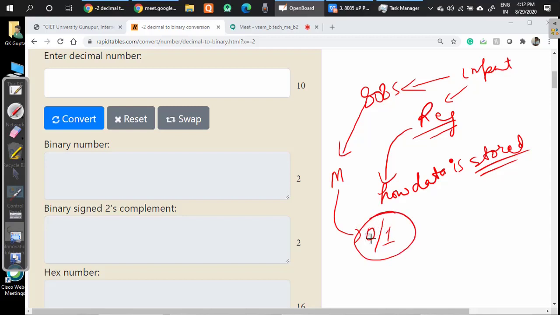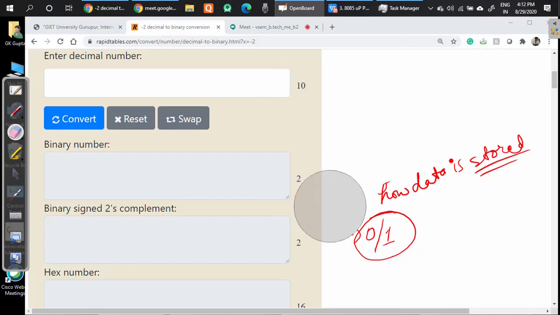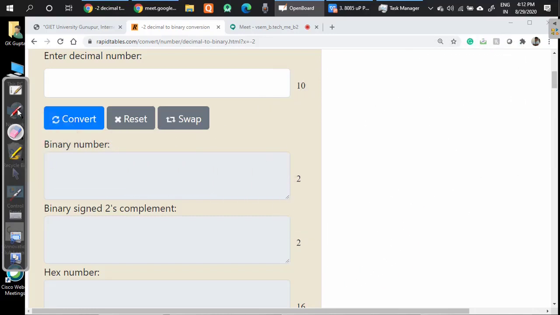Only binary. So let's understand that. Any number can be of two types: it can be a positive number or a negative number. Let's first understand how these numbers are stored in an 8085 microprocessor register.